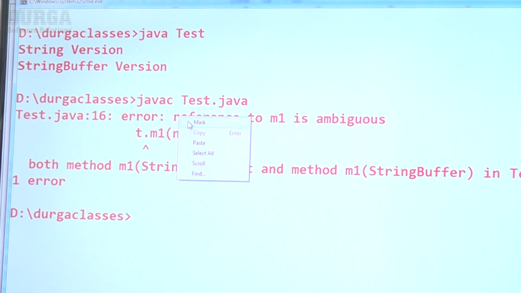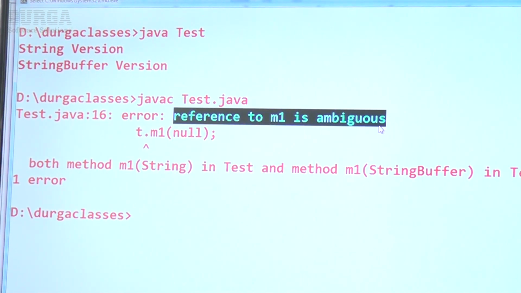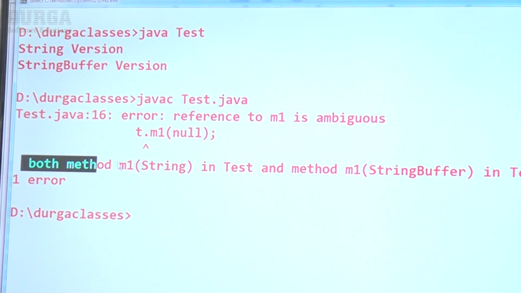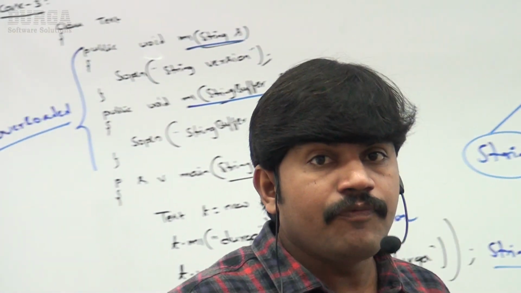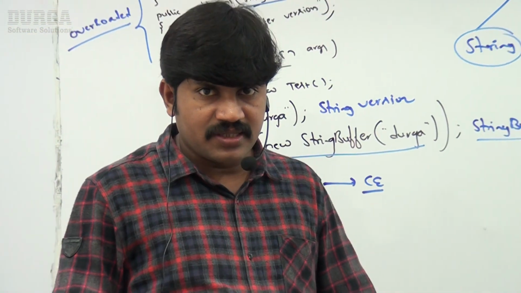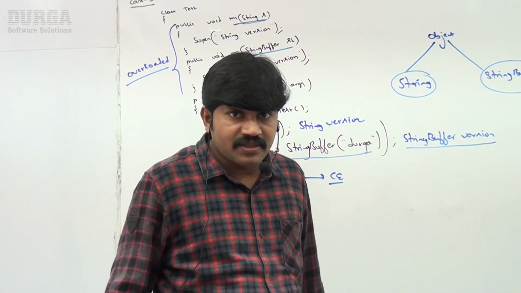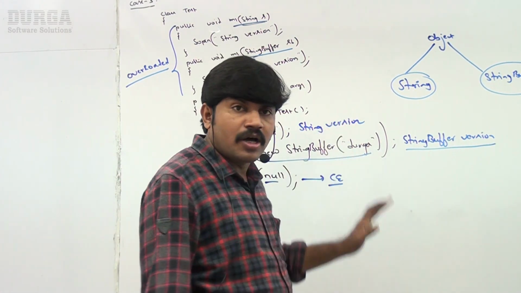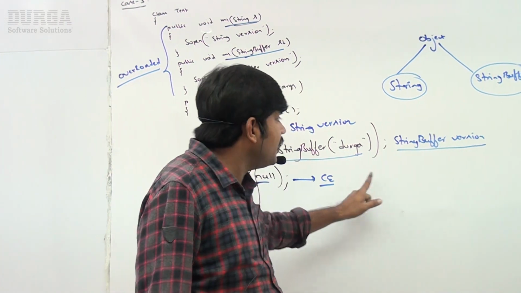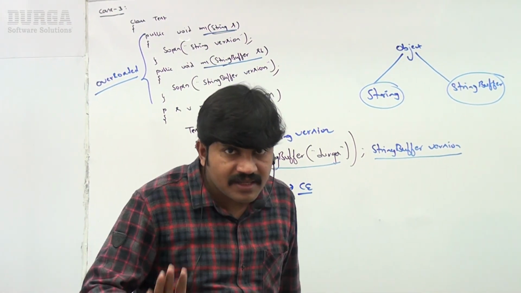That's why we immediately get the compile time error: reference to m1 is ambiguous, both methods matched. So please make sure: if there is an exact match, it gets the chance; parent and child, the child gets the chance. But if multiple methods match and there is no relation between the arguments, we get a compile time error. Clear for all of you, right?